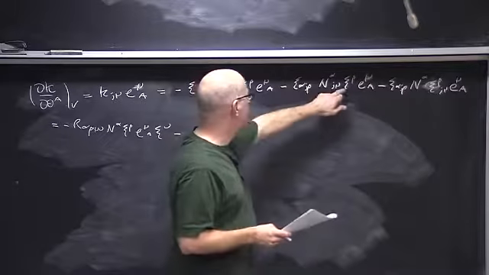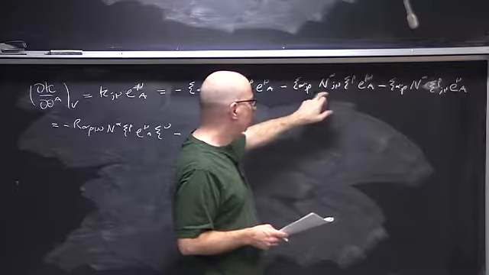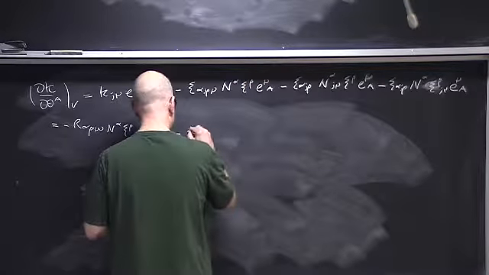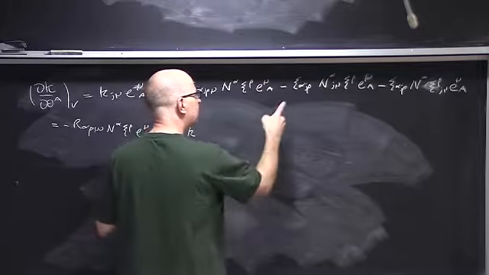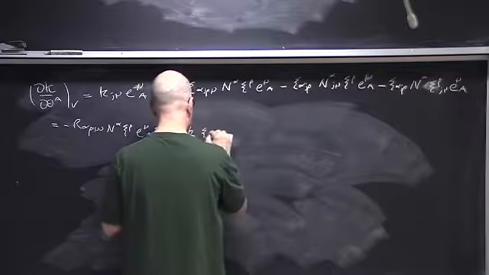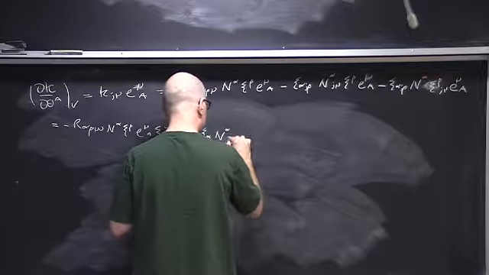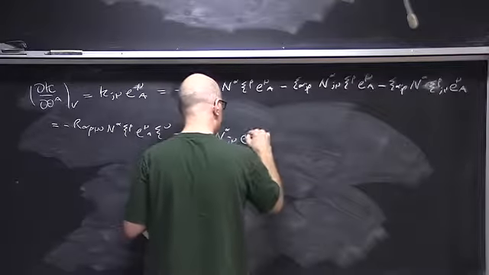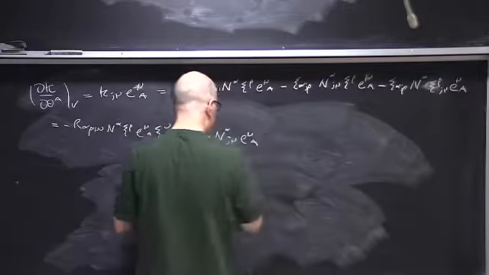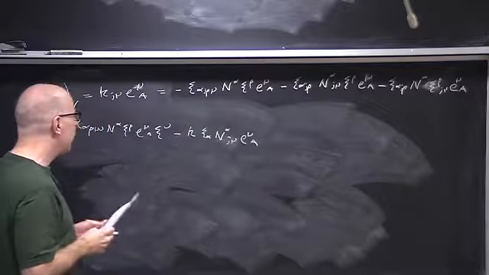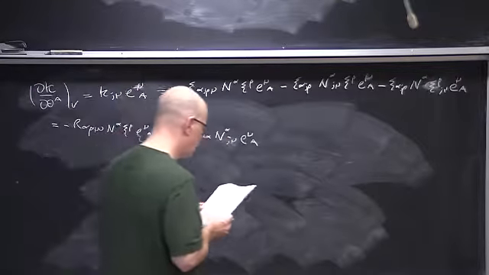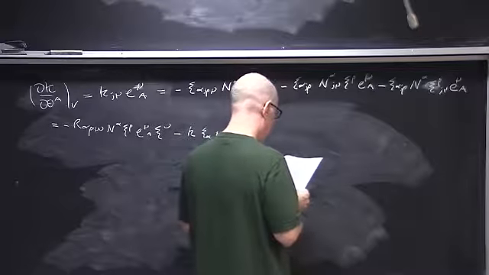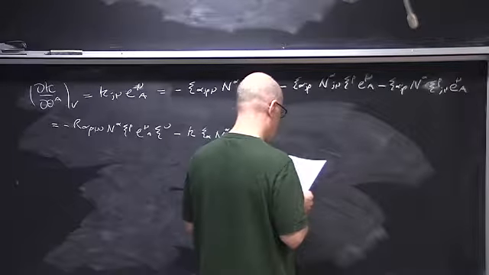So we get minus kappa, we get a c back, we get an n, and then n is now differentiated in the direction of e. So very similar to what we had before. And for that term, I'm just leaving it alone for now.